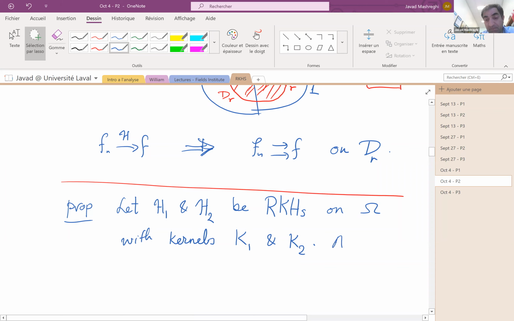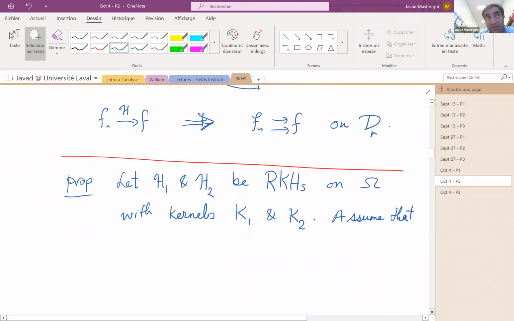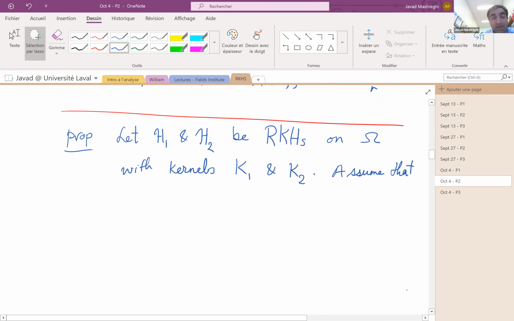Assume that the kernels coincide: K1 of x, y equals K2 of x, y for every x and y in the domain omega.